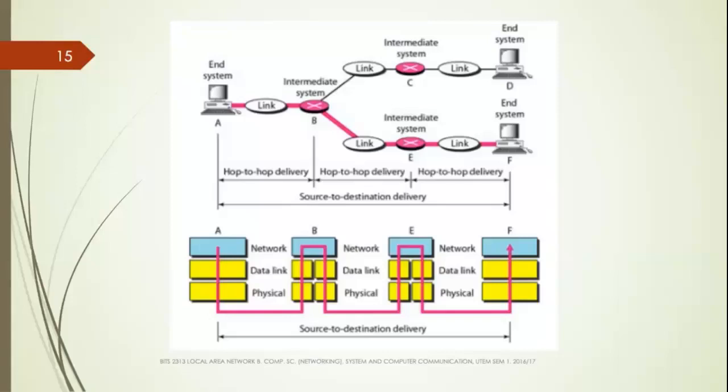Okay, so this is the responsibility of the network layer. The network layer does not concern itself about what is in the packet anymore. It is only concerned about the address. Yeah, so that is the responsibility of the network layer. So how does it do this?